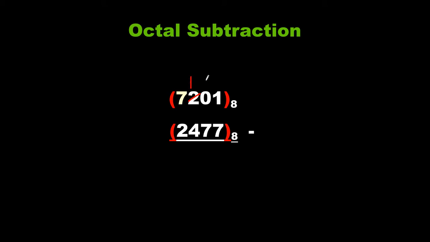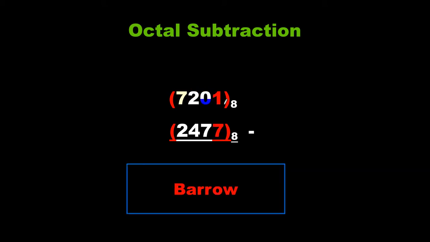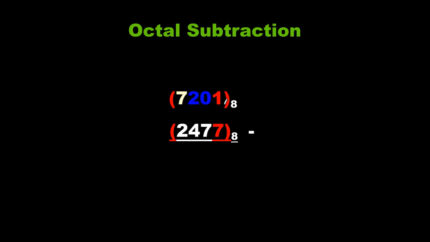Look. We borrow 0. We borrow from the 2. I have 1. I borrowed 8. Now I'm gonna do what? I think of it as 10 when we borrow in decimal.